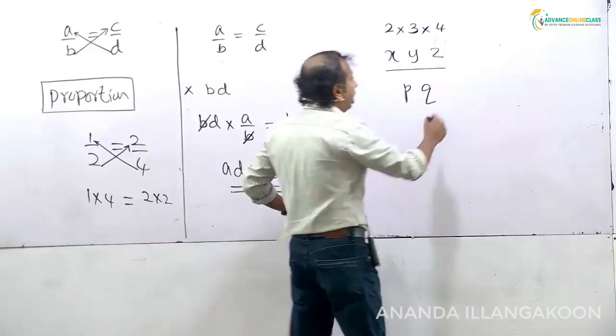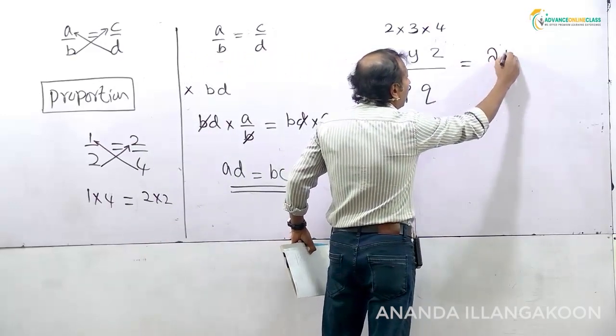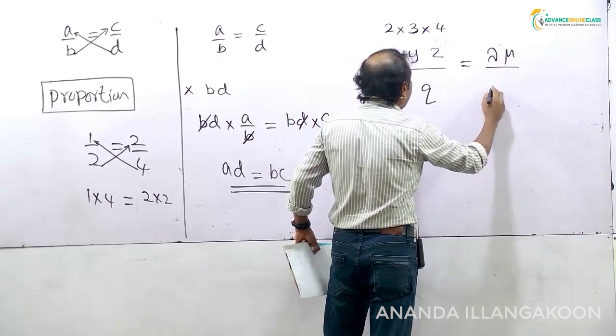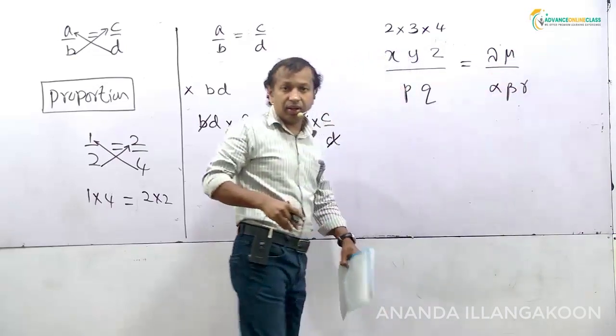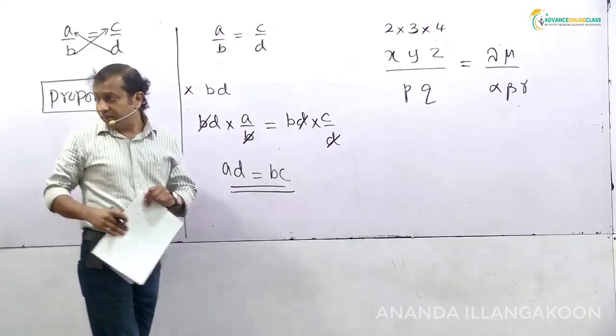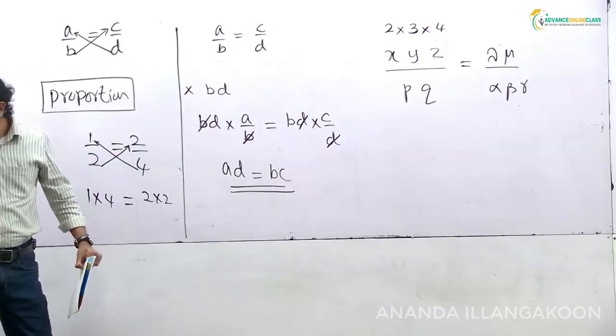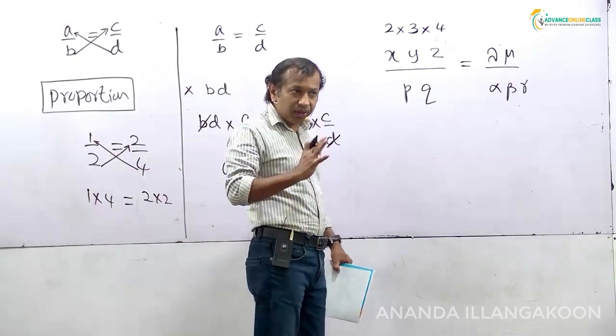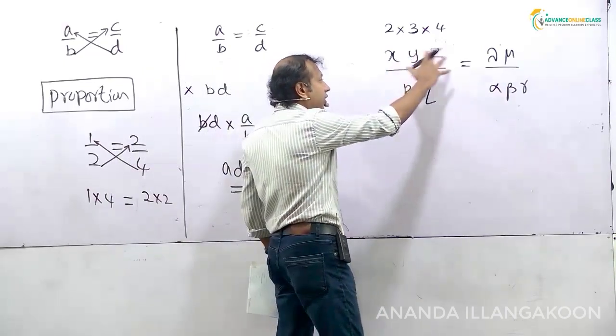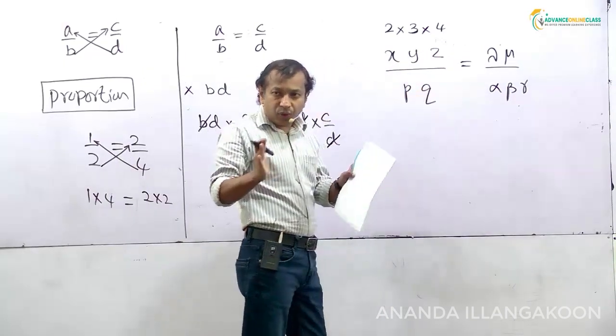Now suppose it is equal to this way, lambda mu divided by alpha beta gamma. This lambda mu and alpha beta gamma are Greek alphabets that are available in the small booklet I gave you. In this way, this is a fraction, this is a fraction, and this is now a proportion.